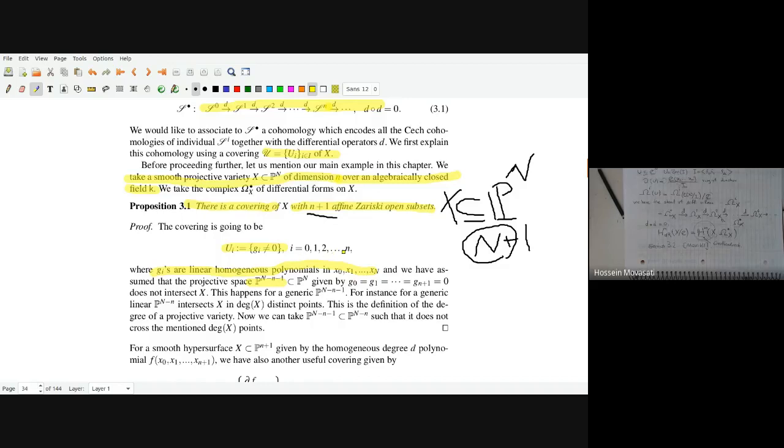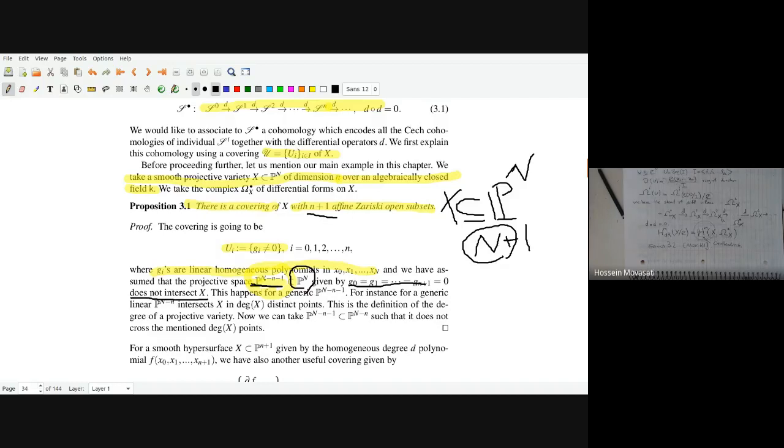So we have n plus 1 equations, and the zeros of n plus 1 homogeneous polynomials of degree 1 will give me a linear subspace. So we can take a linear subspace of P^N given by G_0, ..., G_n, such that this doesn't intersect X.